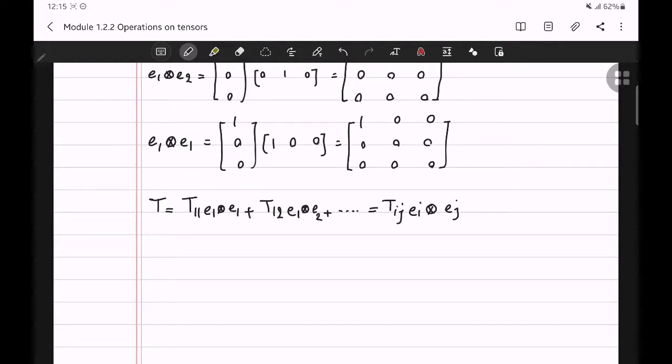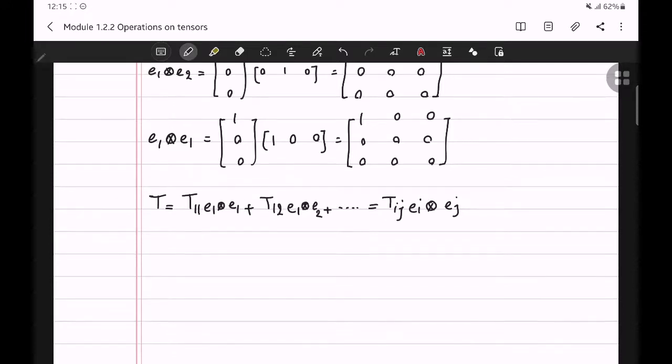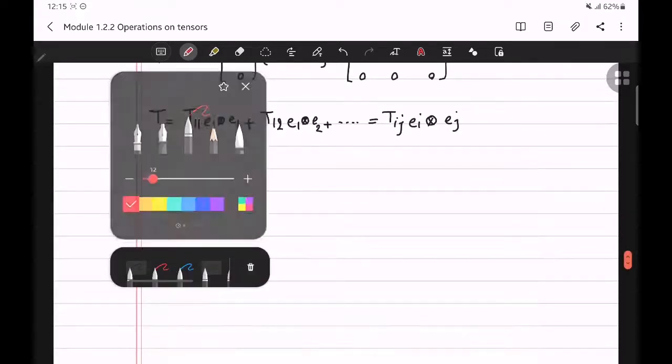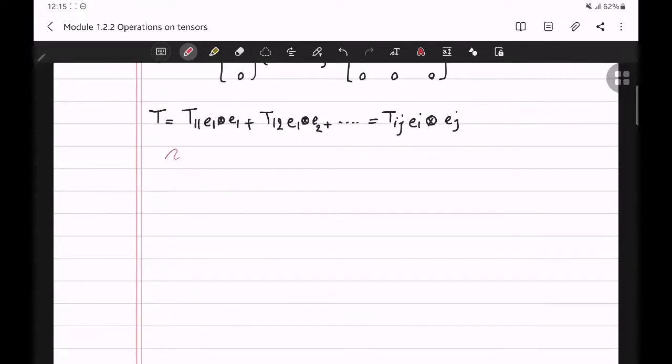So basically, if you want to find T11, you need to find E1 dyad E1, which is basically this tensor here, and you multiply by the component you want, the quantity. So if you multiply T11 by this tensor, it will finally give you the T11 component.